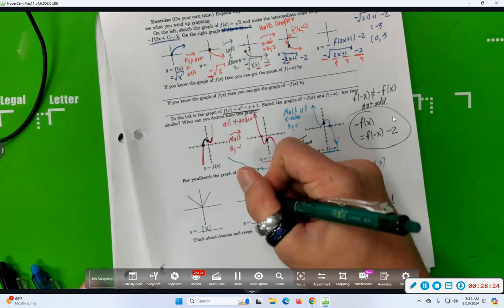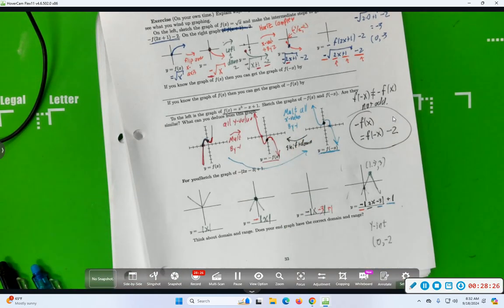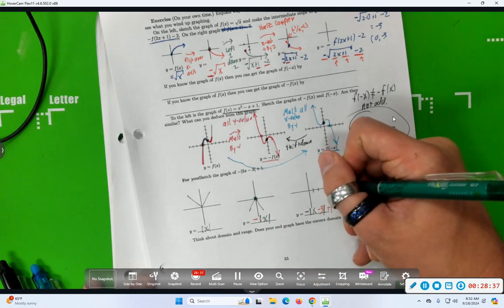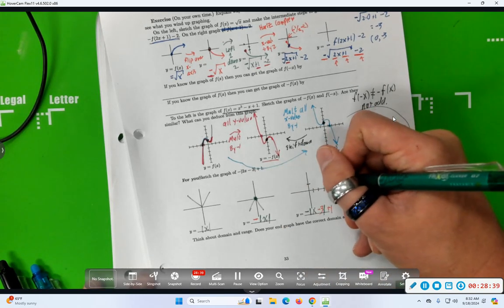So let's track this turning point. Right now that turning point is at the origin. I'm going to move it right 3 and up 1. It's worthwhile to track interesting points like that.